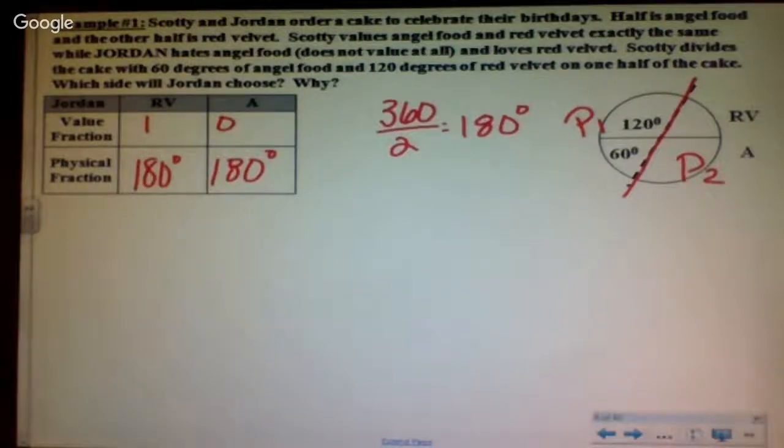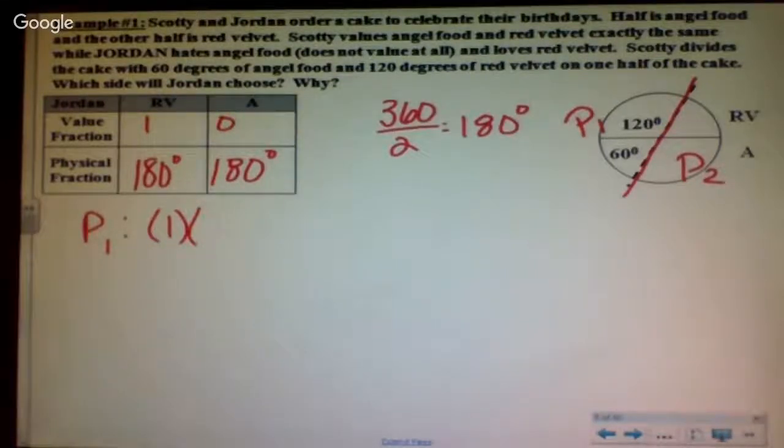Now we want to get the value that Jordan thinks of each of these pieces. So let's do piece 1 according to Jordan. Piece 1 has red velvet and angel food. Red velvet is a 1. How much red velvet is there? 120.